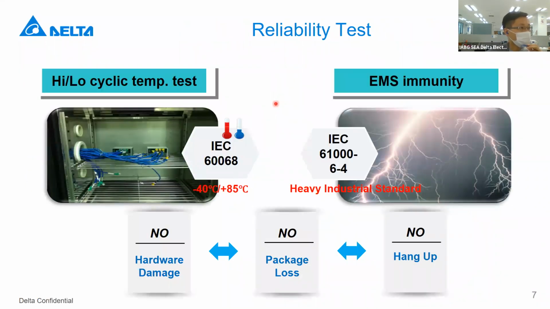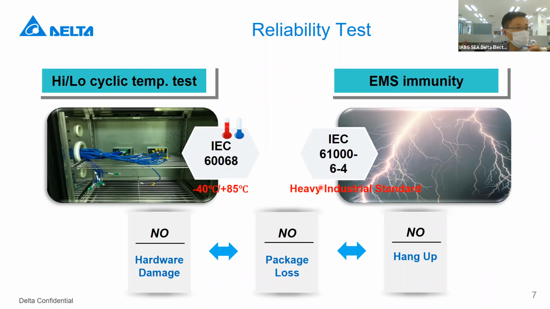So I think for the industrial, people are mostly concerned about reliability. So for our Delta, we handle harsh temperature environments. You can see we follow the IEC standard, so it's a very wide range from -40 to 85 degrees Celsius.